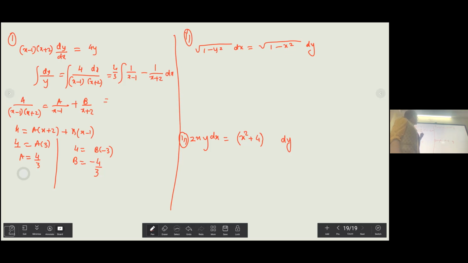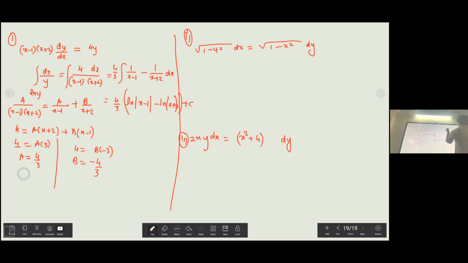This becomes 4 upon 3 times ln of x minus 1 minus ln of x plus 2, plus a constant. And of course, this side is ln y equals. So more or less you have got the solution, and then you can play around in case you have to make y the subject, if you have to solve for y. That's how you do this kind of question.